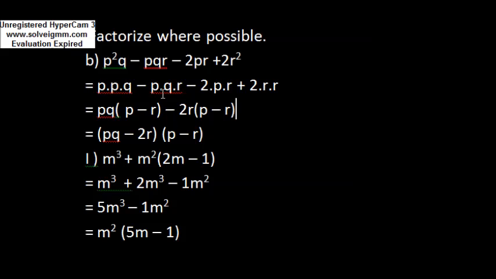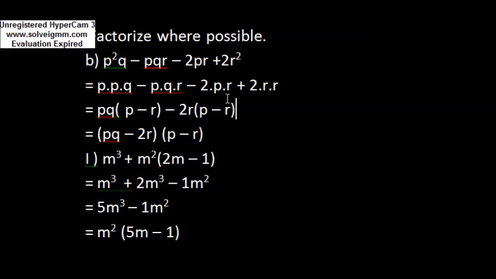And in the second term PQ is common, so only R is left. Or in other words, P square Q divided by PQ, your quotient is P, or PQR divided by PQ, your quotient is R.